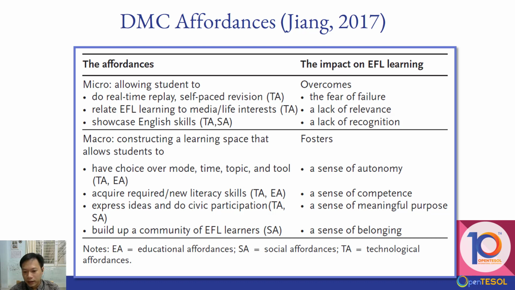What does it mean? It means that they engage in community activity, because their product can be showcased and their product can benefit the community. So in the end, a learning community could be present in the classroom, which fosters their autonomy, their competence, their meaningful purpose, and their sense of belonging. These refer to the technological, educational, and social aspects of DMC affordances.